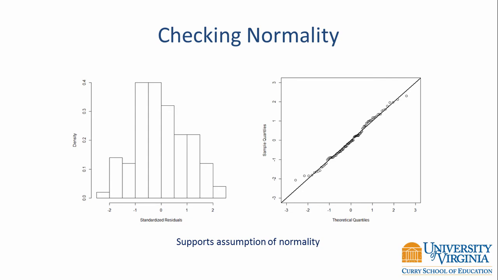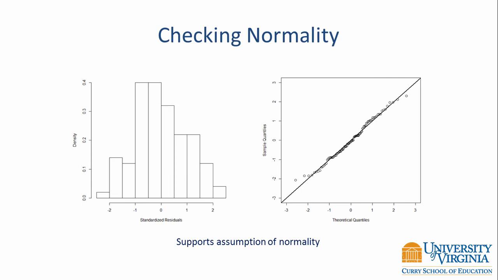To check normality, we use a normal QQ plot of standardized residuals. A standardized residual is a residual value divided by the standard deviation of residuals. A QQ plot shows the empirical percentiles on the y-axis and the theoretical percentiles from a standard normal distribution on the x-axis.